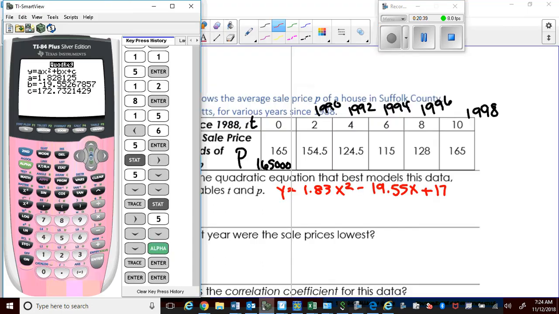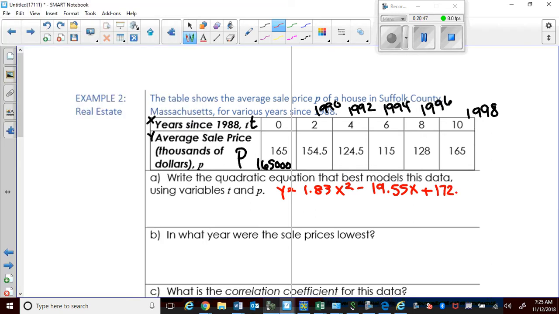Wrong thing. Plus 172.3. Okay. And I want to write this in terms of T and P. So I write T. Nope, I'm replacing, let's see.